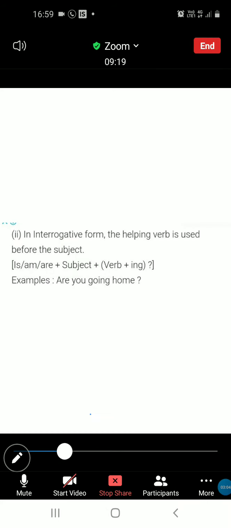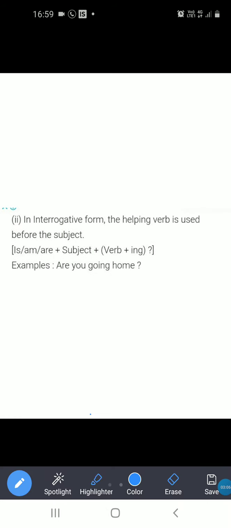Now see further what is next. In the interrogative form, the helping verb is used before the subject. Okay, because in the interrogative, when we are asking something, the auxiliary verb works as the question part, in the sense of a question. That auxiliary verb only.